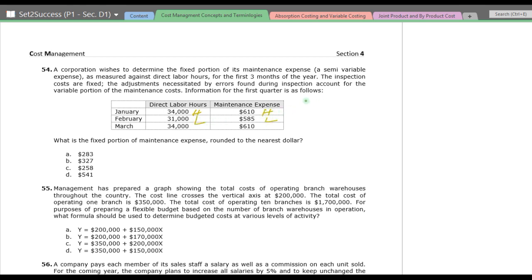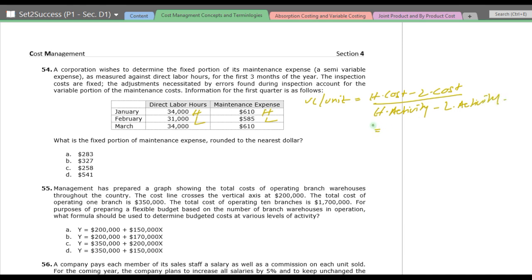So let us find variable cost per unit. So variable cost per unit is highest cost minus lowest cost divided by highest activity minus lowest activity.